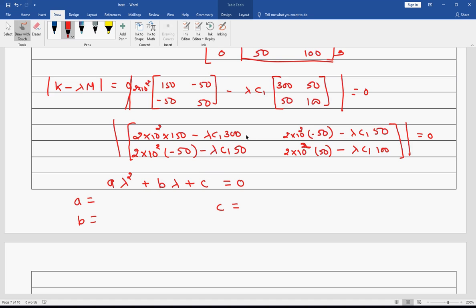So basically you have to multiply this and then you have to multiply this and subtract. This is what you are supposed to do.